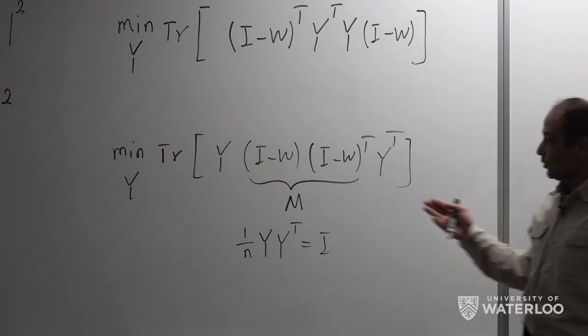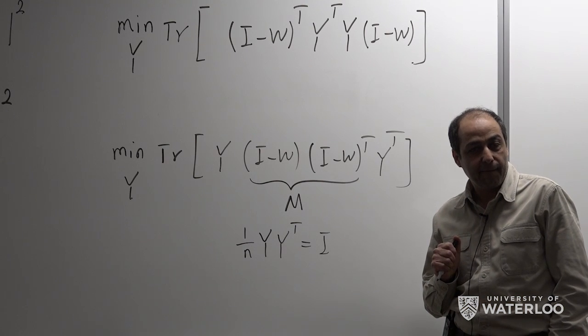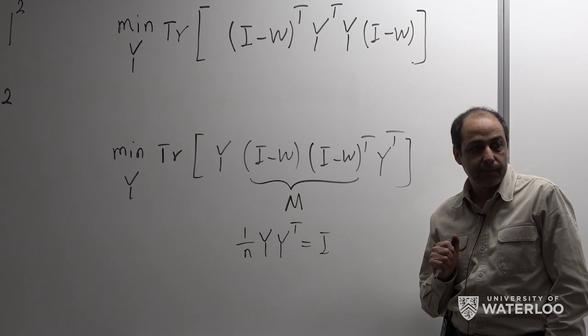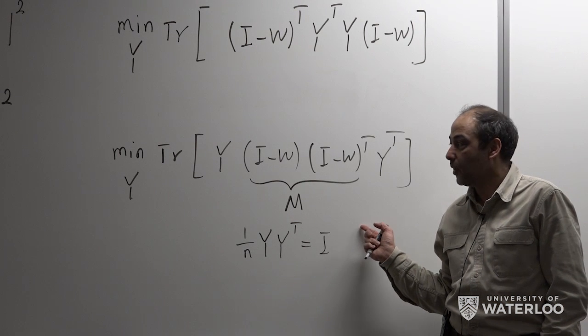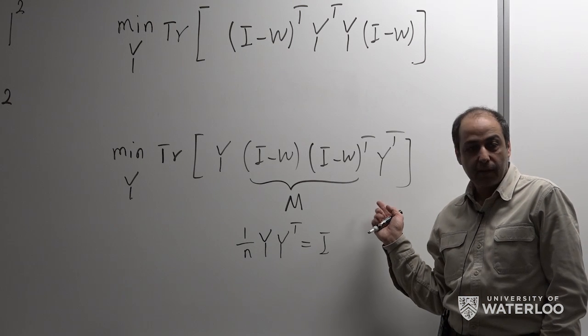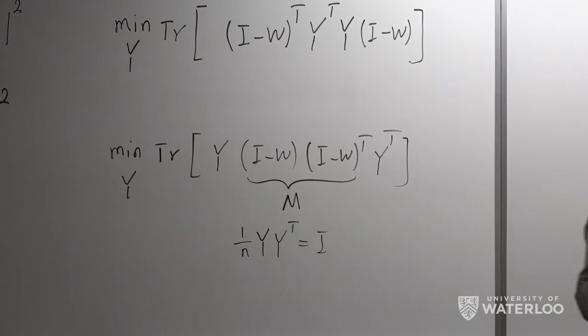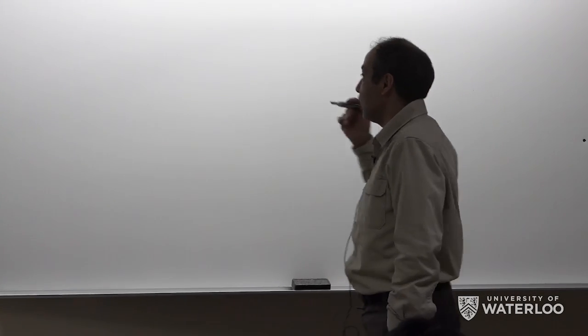So what's the solution to this optimization problem now? We had a similar problem. If you just write the Lagrangian and take the derivative, you can see that it's pretty similar to the problem that we had in PCA, for example.